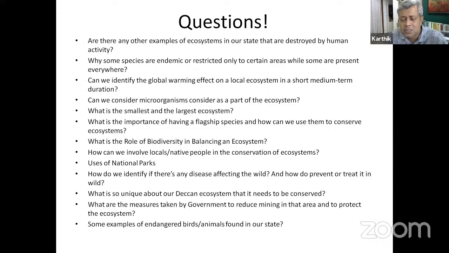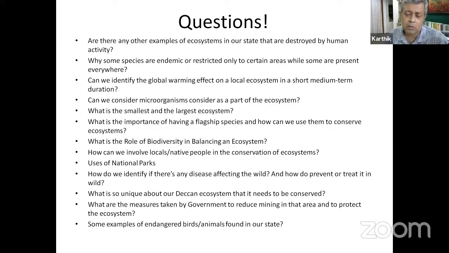What is the smallest and the largest ecosystem? Now, the smallest ecosystem can be even a rock pool. A small rock pool can be an ecosystem. The entire ice shelf in the Antarctic can be another ecosystem. So the ecosystem can vary in size, but they all have similar characteristics and similar species that require that ecosystem to survive in that place.